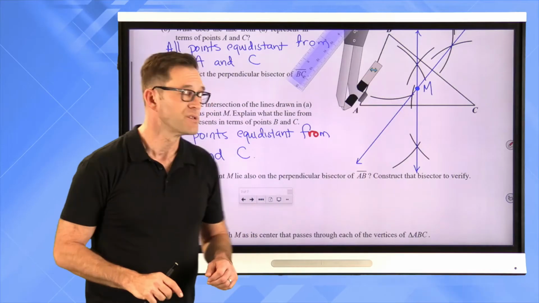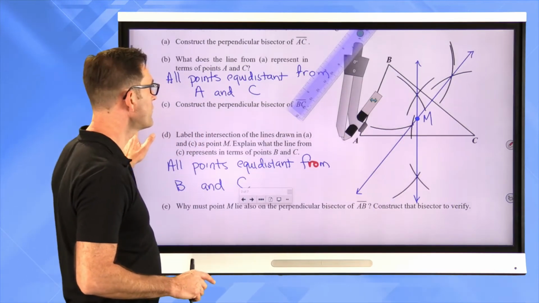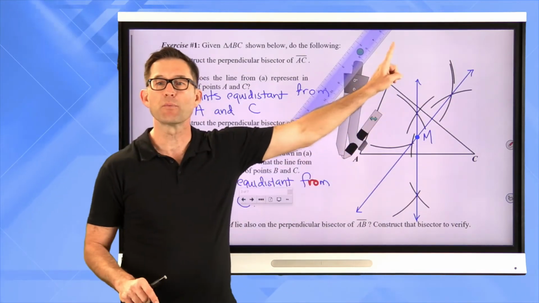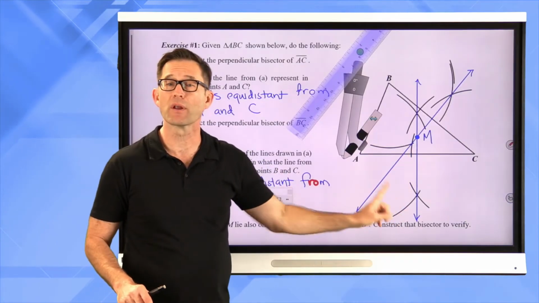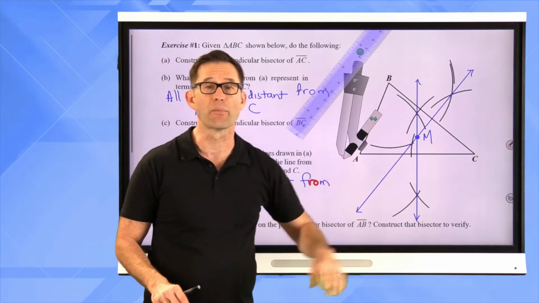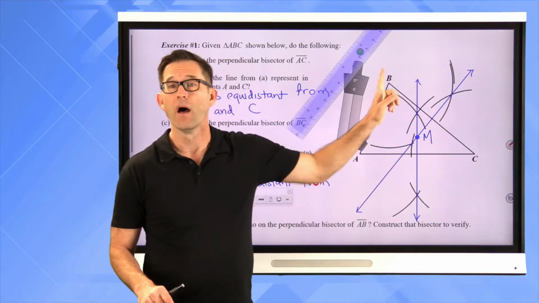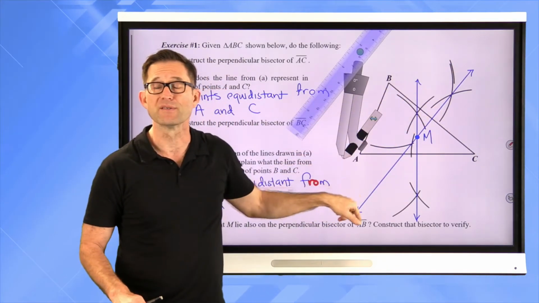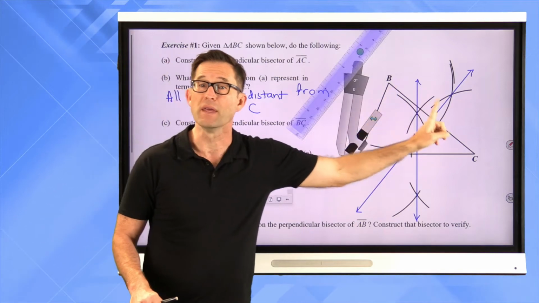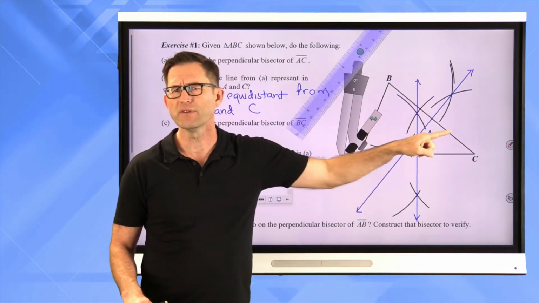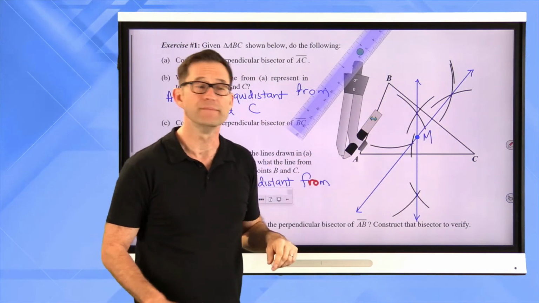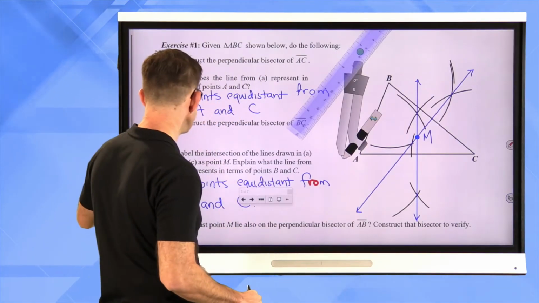Okay, great. So just for a moment before we move on, this particular line, the perpendicular bisector of segment AC, represents all points that are equidistant from A and C. This line segment represents all points that are equidistant from B and C. And then we just happen to have their intersection point M. Great. All right.